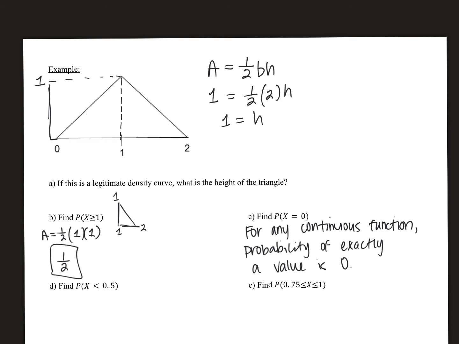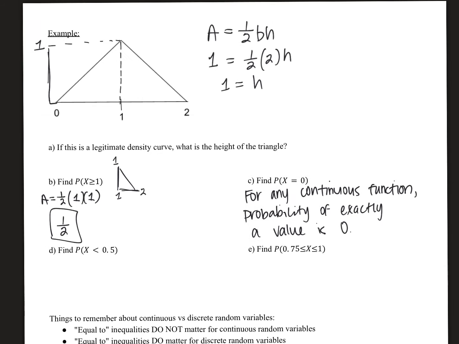So if I had said, what's the probability that it equals 0, or the probability that it equals 1, or the probability equals 2, all of them would have been 0. Because for continuous functions, equaling a value is always going to be 0.